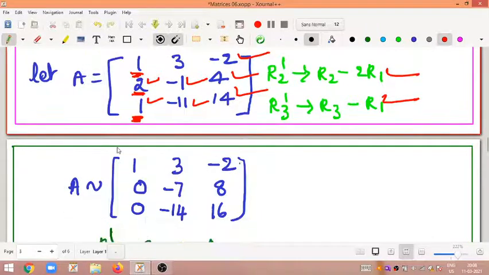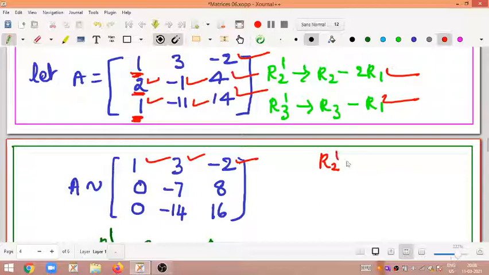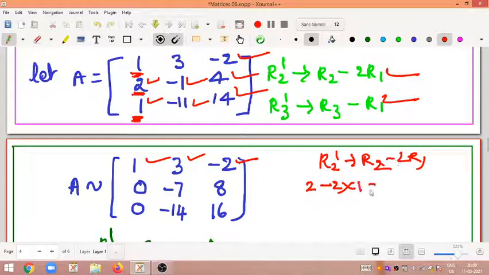See here, my friends, A is similar to, the first row as it is, 1, 3, minus 2. Second row: R2 dash implies R2 minus 2 R1. The first element of R2 is 2 minus 2 into the R1 element 1, so 2 minus 2 is equal to 0.